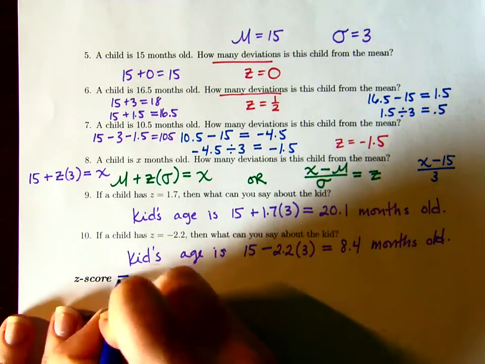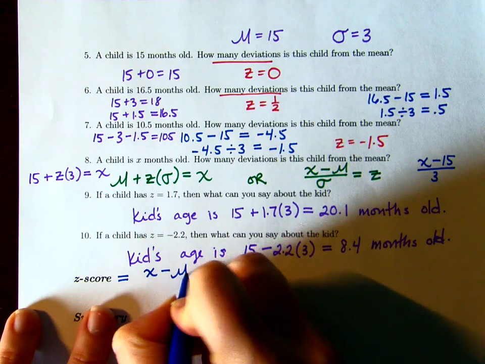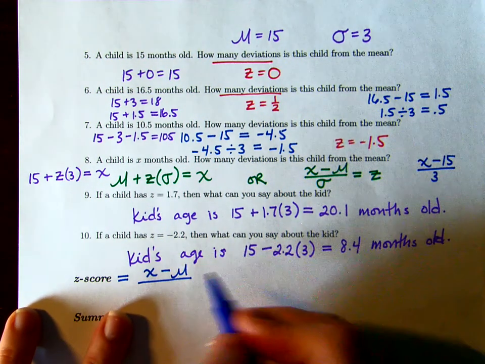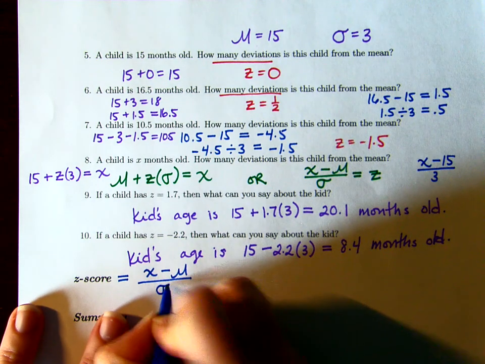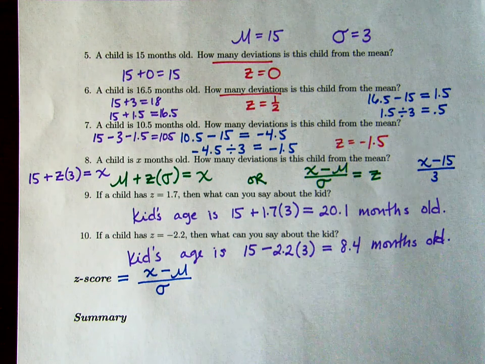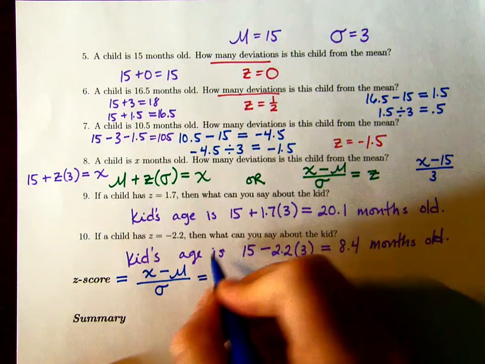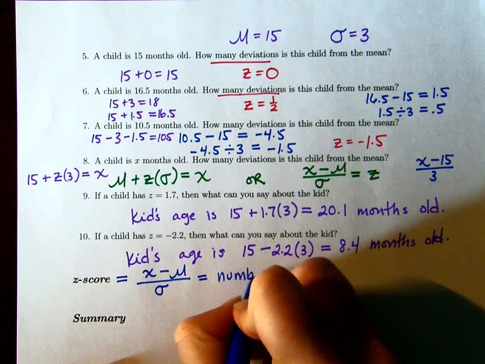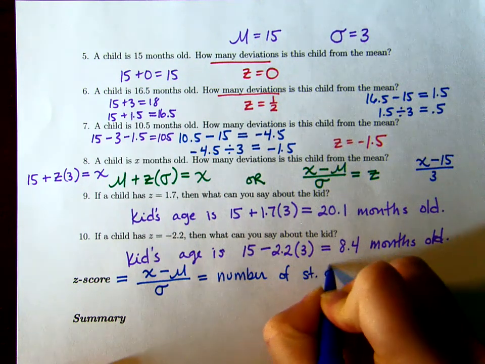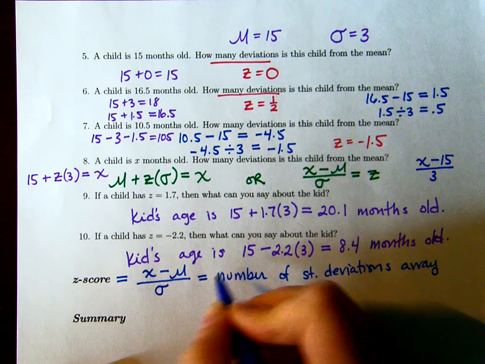Here it was the age, the difference between the age and the average age, and find out how many standard deviations go into that. That's because this equals the number of standard deviations away from the mean.